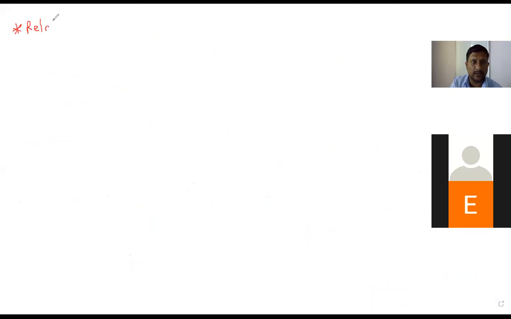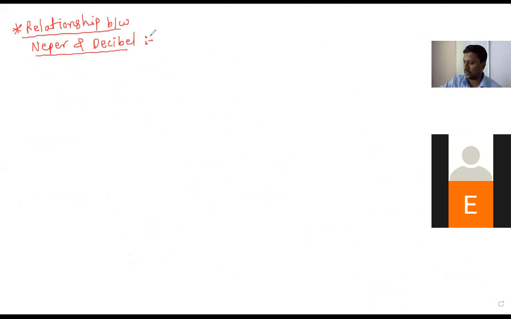So next part we can continue. I will just write the heading. What will be the condition? The characteristic impedance remains Z0 only.